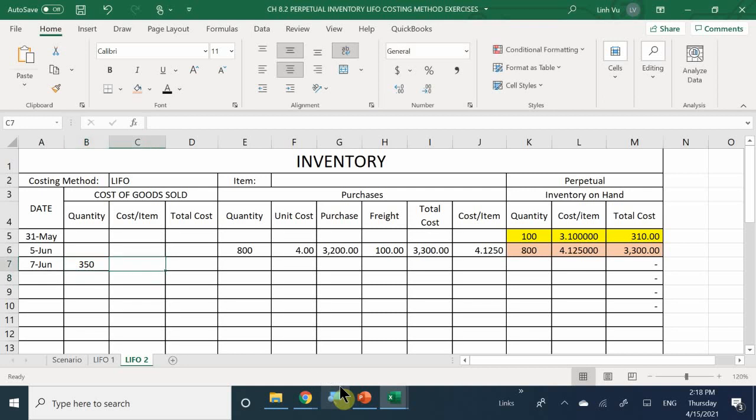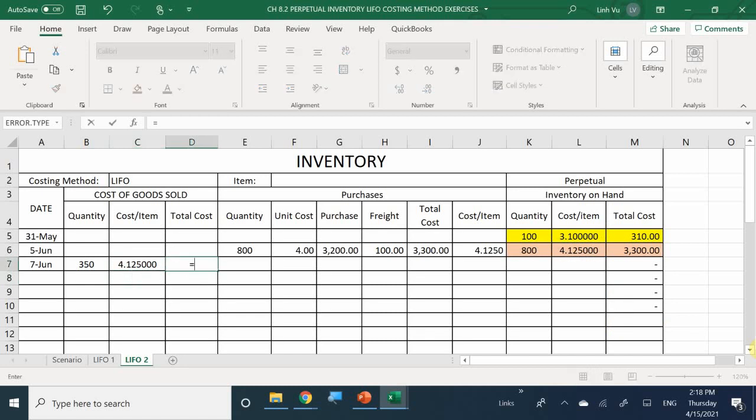Now let's look at our batches. Which batch are we going to take out from? Last, the nice peachy color. How much did it cost me per unit to sell? 4.125.